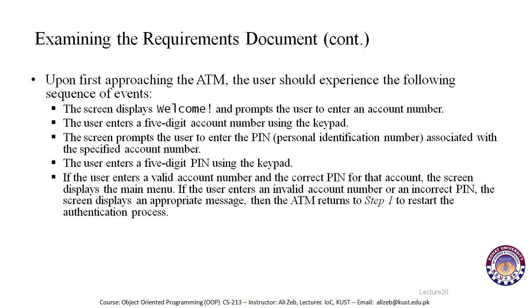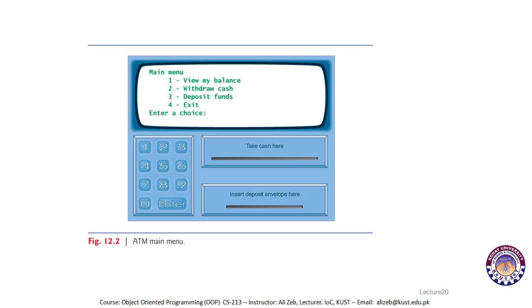Now, we have been doing some very basic authentication or validation in our earlier programs. This might be a little more than that, but for any system to work properly, we need to be able to authenticate and validate some kind of data. Now this is the initial screen or menu.